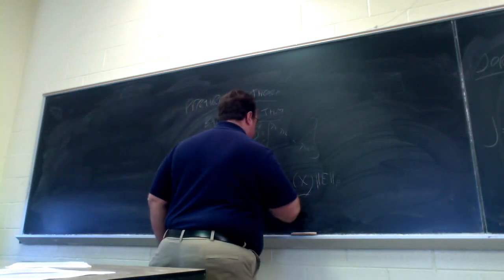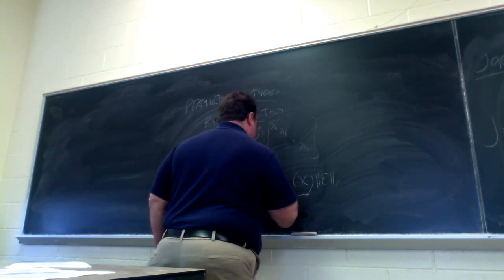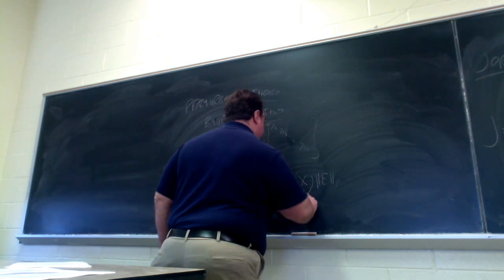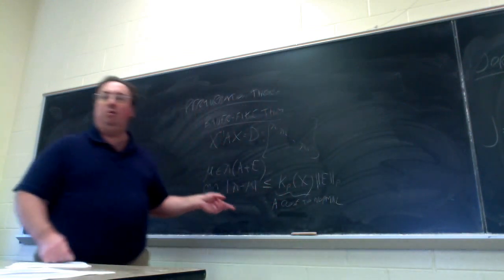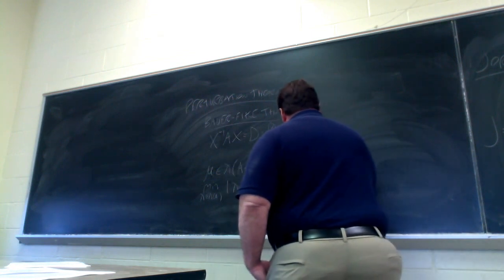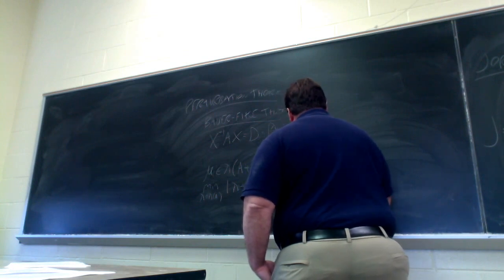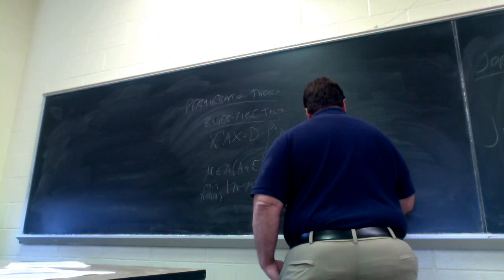Another way to interpret this is if A is close to a normal matrix, which would mean that the condition number would be 1, that would mean that the spectrum of A is less sensitive to perturbation.